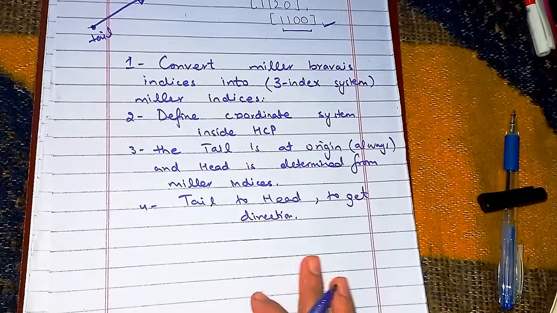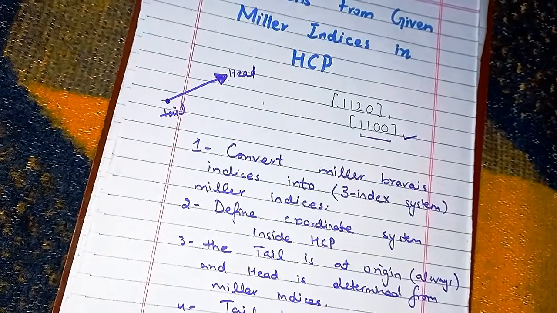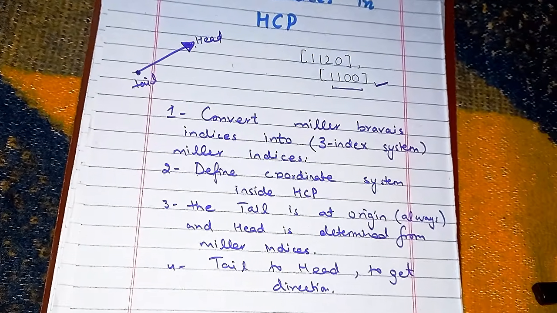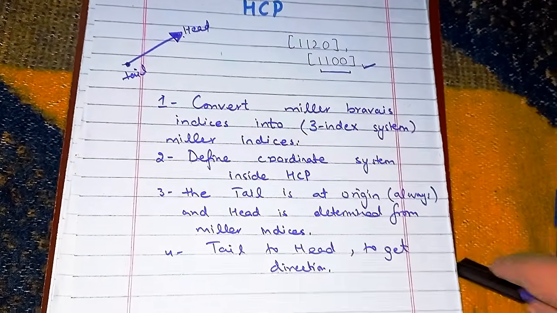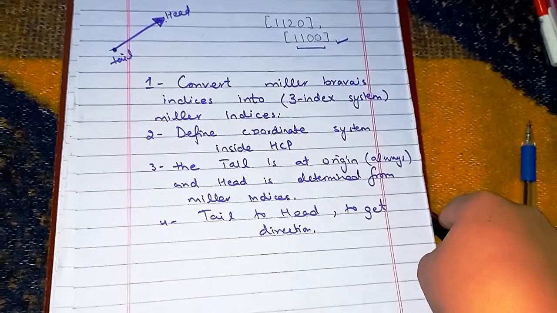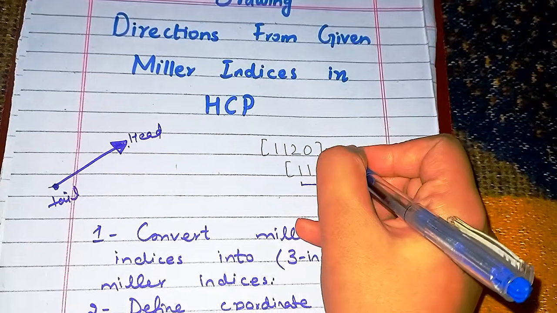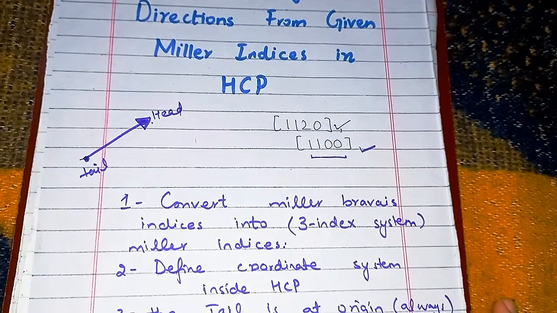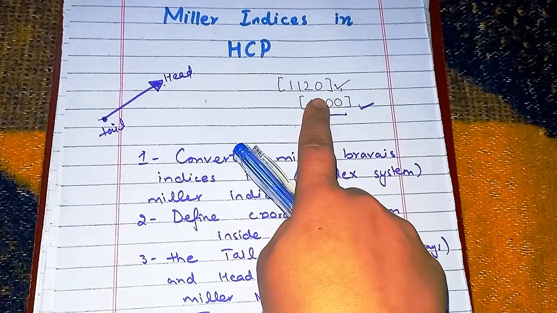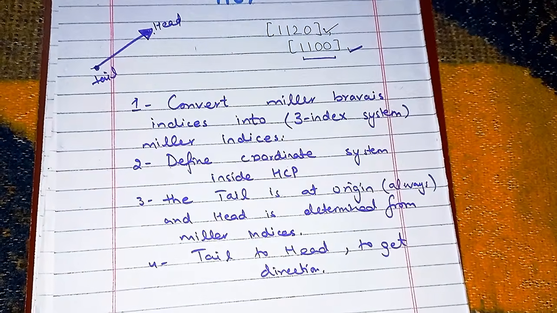The direction will be drawn by connecting the tail with the head with a straight line. That's a really simple method, and you'll see it is really easy. So let's quickly get started with the first direction, which is 1120. First, convert it into Miller indices, then we'll do the rest of the process.